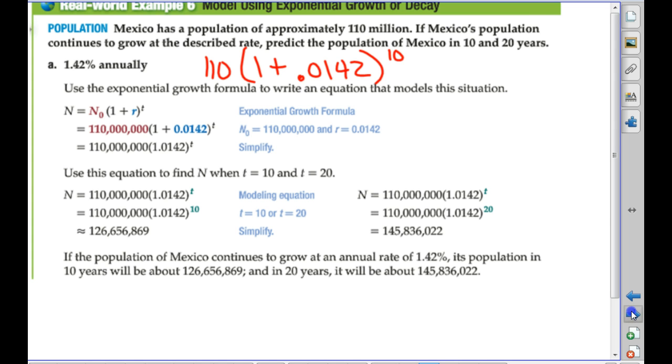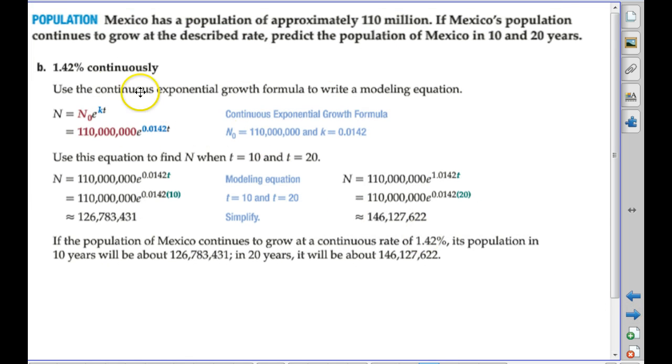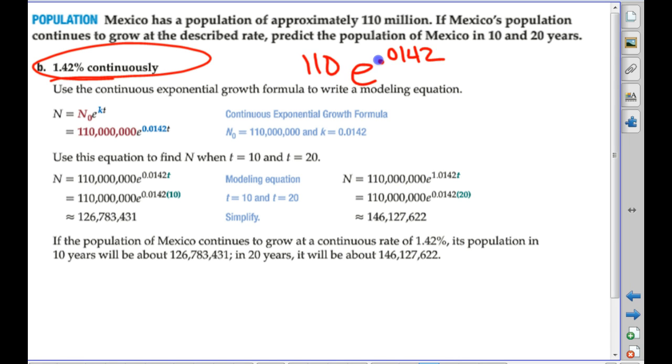I'm skipping down. It says here continuously, okay? If you were doing continuously, you do 110 e to the 0.0142. Everybody knows where I'm getting 0.0142? 1.42%, move the decimal back twice. Okay, and then we would put times 10 for 10 years and 20 for 20 years. They did everything twice.